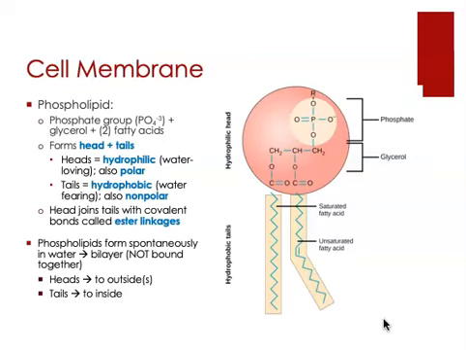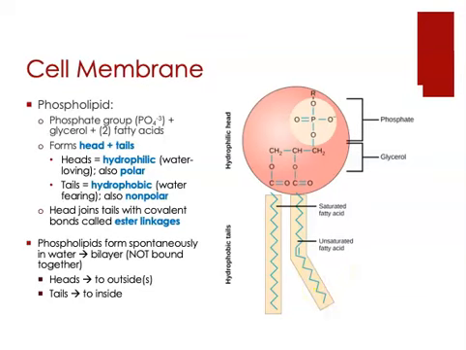And our membranes, all cell membranes, are made out of these bilayers of phospholipids. Now, the bilayer has a very particular anatomy. The heads of all the phospholipids will be pointing towards the outside of the bilayer, and the tails of all the phospholipids will be pointed towards the inside of the bilayer. And that's because of this difference in their chemistry.